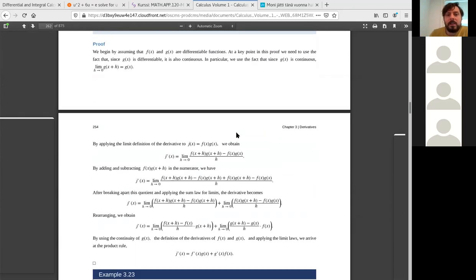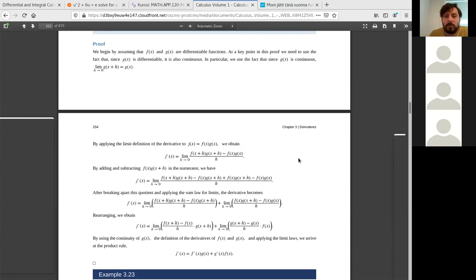So let's again mark j of x as f of x times g of x. So we find the derivative of that. So we find this multiplication becomes here. So that's our j at x plus h minus j at x. So how do we find this in terms of f and g?